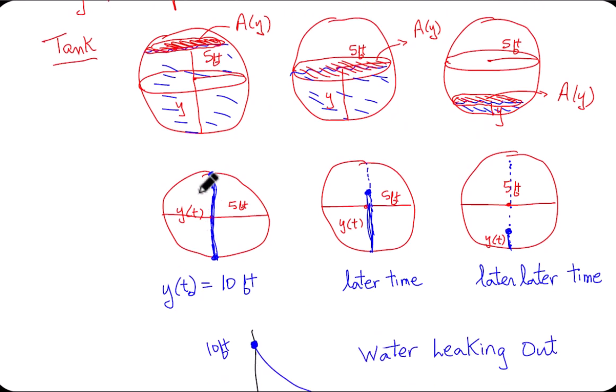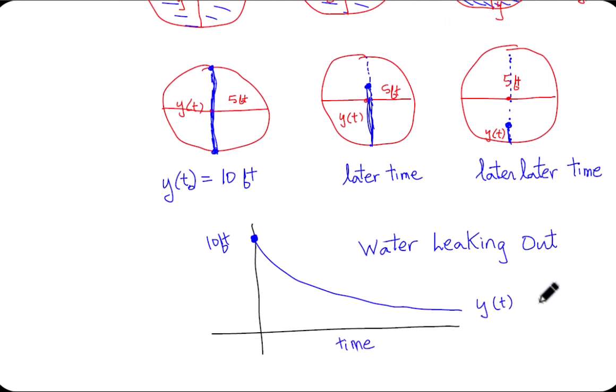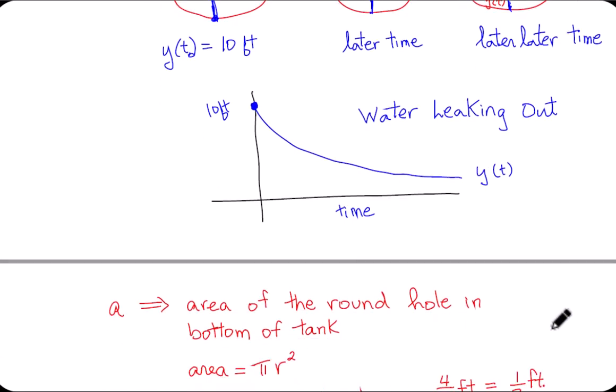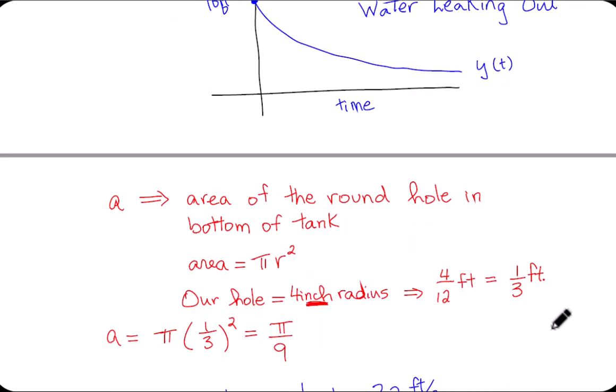Initially, the full thing is 10 feet. We start coming down and down. If I look at y of t over time, that's the height of the water in the spherical tank. The height is going down. A is the area of the hole in the bottom of my tank.